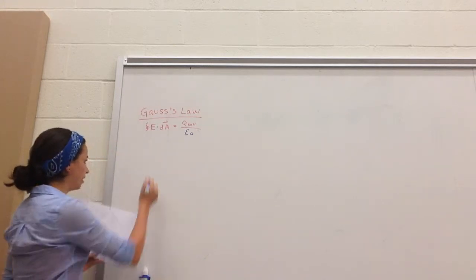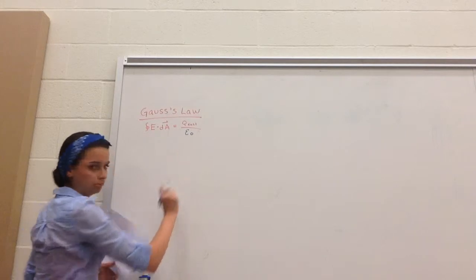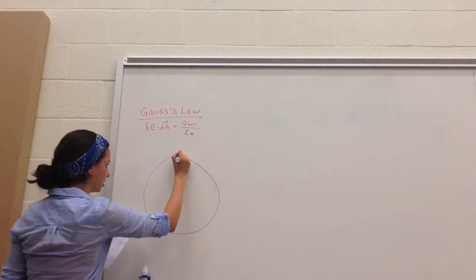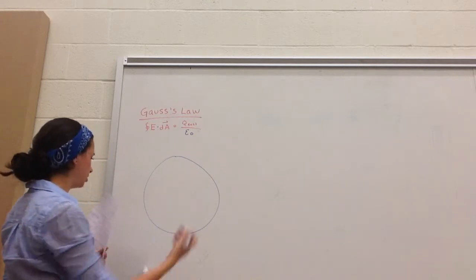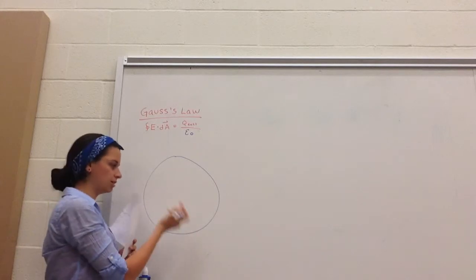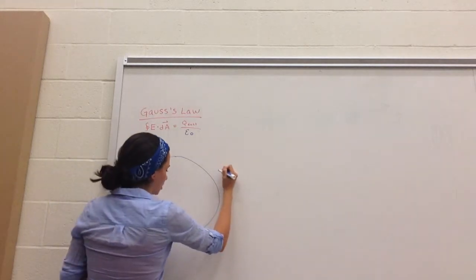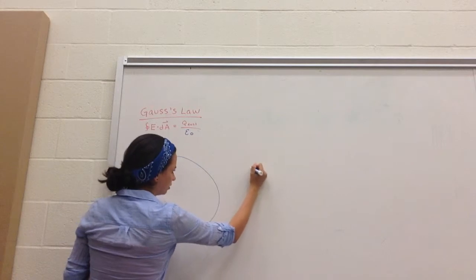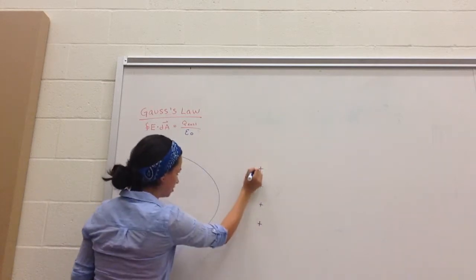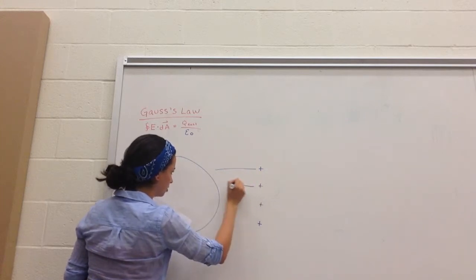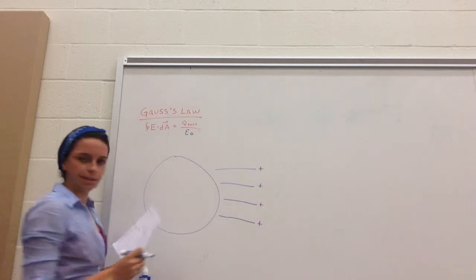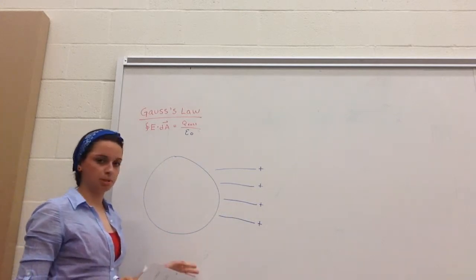So let's say that you have a sphere. No more math. Don't worry. If you have a sphere that looks like this, and you're trying to put an electric field through it, and we'll say that this is made out of some kind of conducting metal. You're sending an electric field, and as we know, electric fields begin on positive charges and terminate on negative charges. So we also know that like charges repel and opposite charges attract.